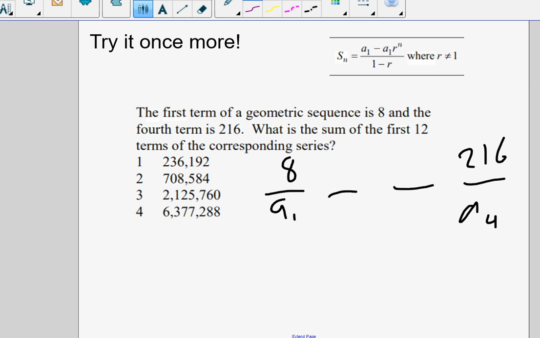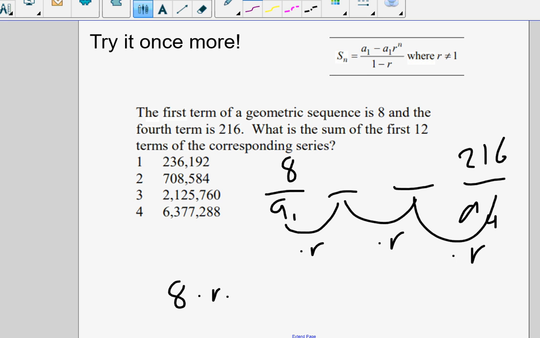Here's what we do know, though, is that we're starting at 8, and we're multiplying by the common ratio to get to the second term. And then we're multiplying by the common ratio to get to the third term. And then we're multiplying by the common ratio again to get to 216. So 8 times r times r times r equals 216.